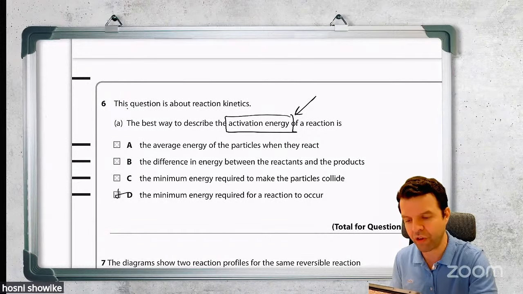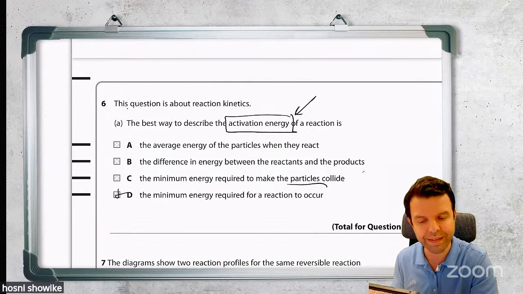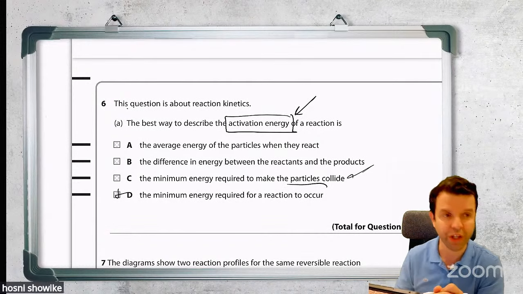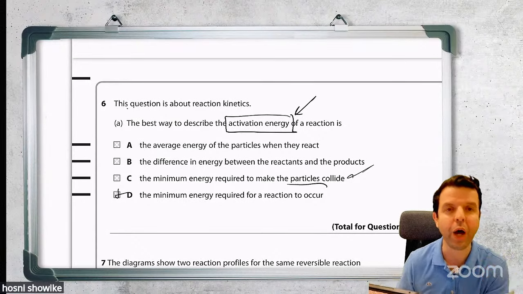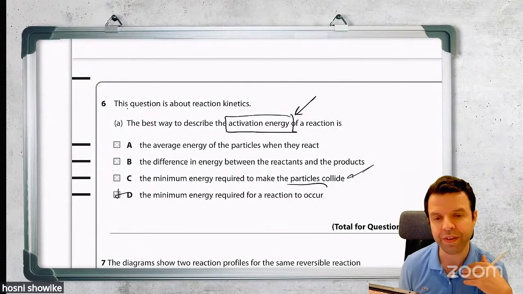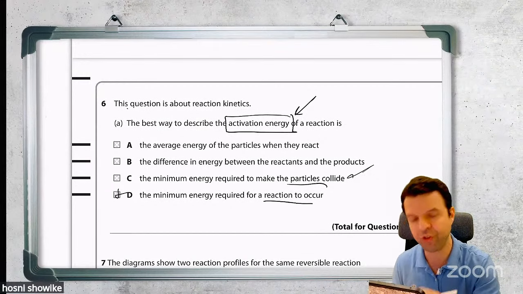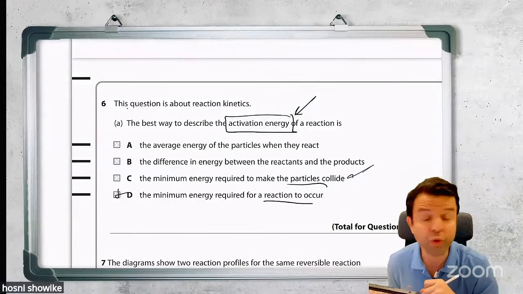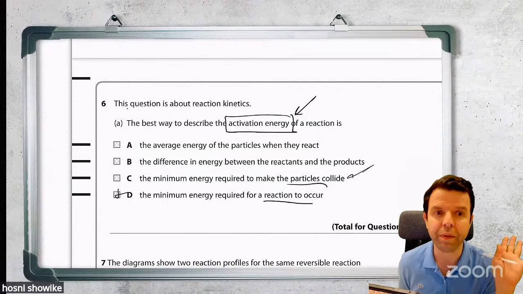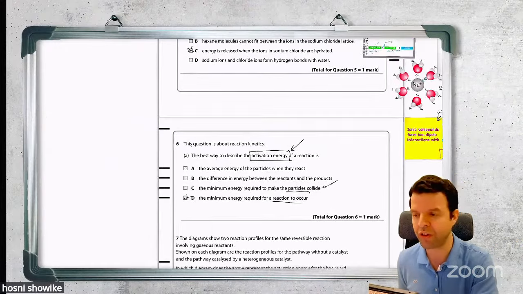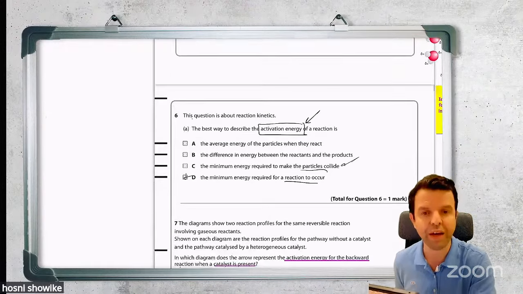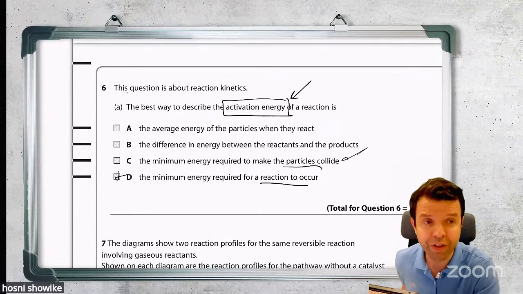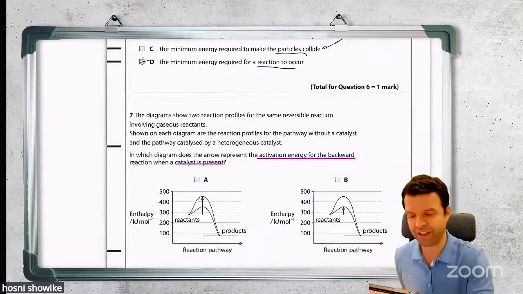The minimum energy required to make particles collide? No, it is for a successful collision. It is for a collision that will yield a product, for a reaction to occur. Because particles collide non-stop, and many of those collisions are not successful because they don't have enough energy. They don't have activation energy.